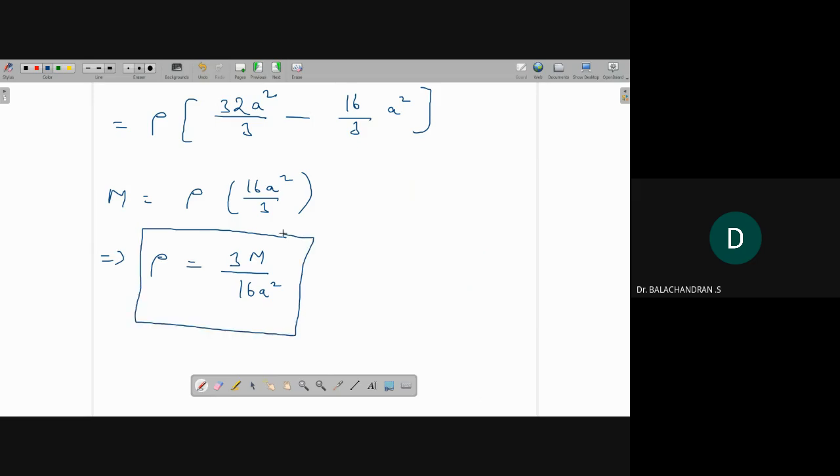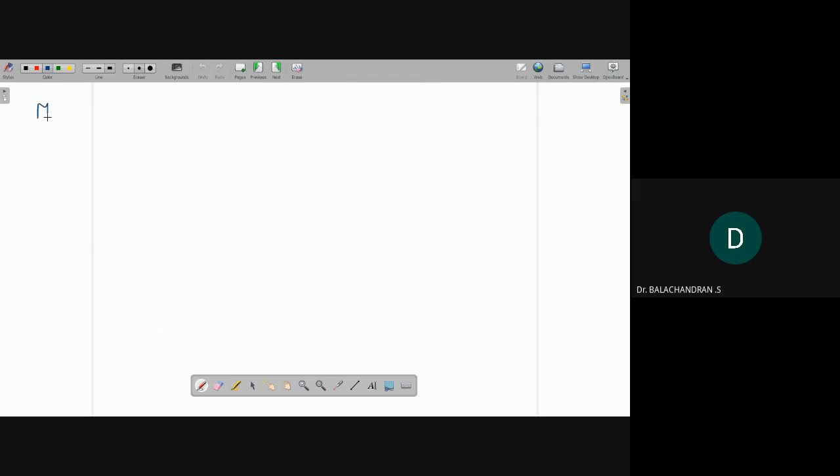Next I need to find the moment of inertia about the x-axis. About the x-axis, Ix is equal to the double integral over A of rho into y square into dx dy.